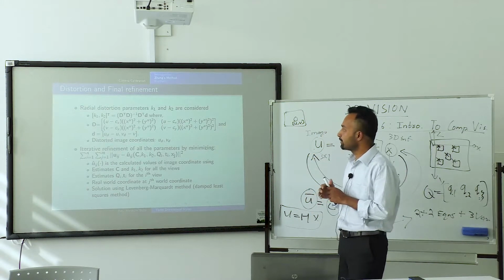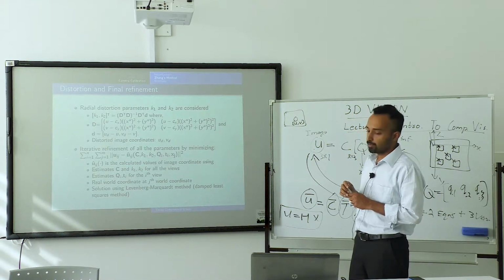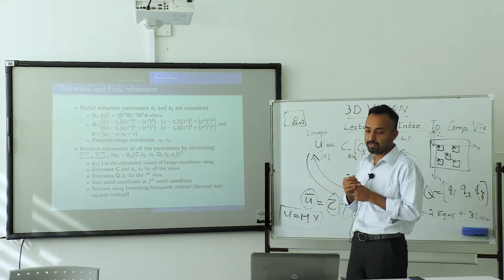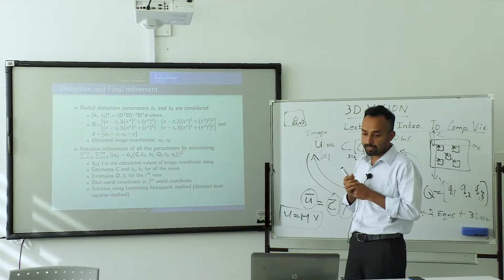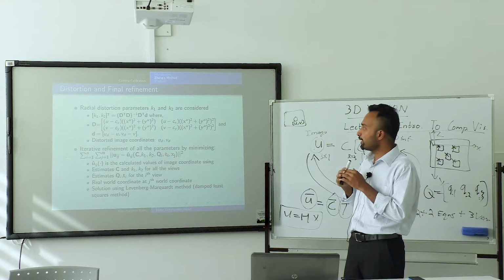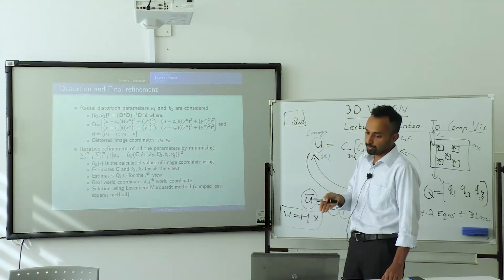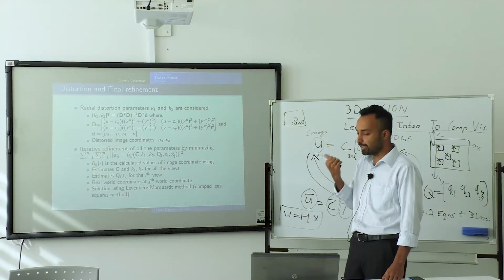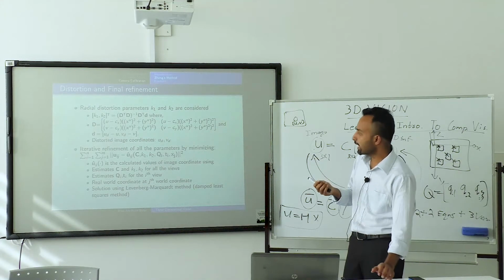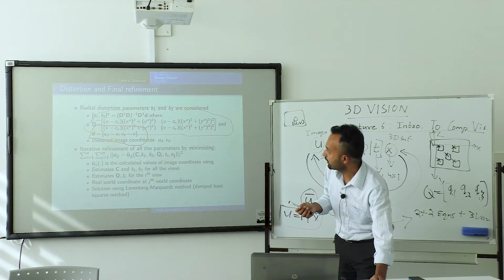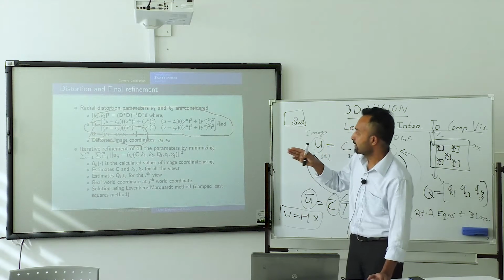So now you have made an estimate for the parameters inside the matrix C. Now what is left behind is the radial distortion parameters K1 and K2. Assuming the parameters you have estimated at the earlier step and the image coordinates, you can calculate the vector d, which is the difference between them, and the matrix D, capital D, which is defined in terms of the image coordinates.